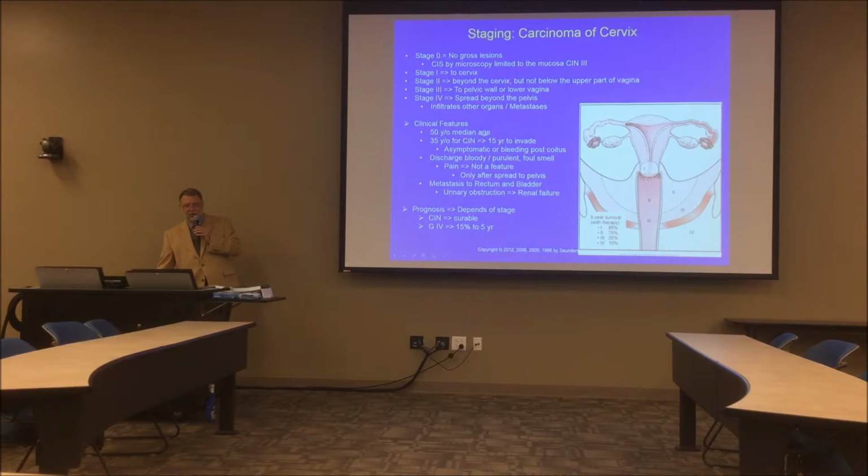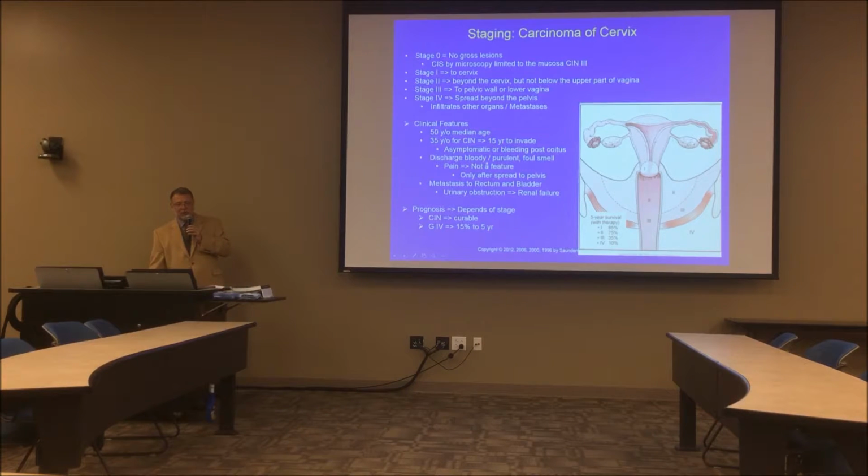Again, 50 years is the median age, nothing before 35, but you can have changes in that level of the epithelium, and it takes about 15 years to invade, so there's a lot of time to really do something. And typically either you're having a symptomatic situation, if it's not that invasive or it's not that acute, or probably you have some bleeding, typically post-coitus.